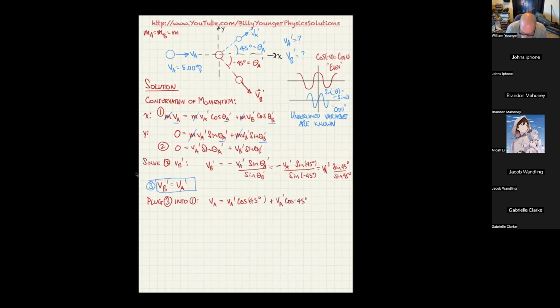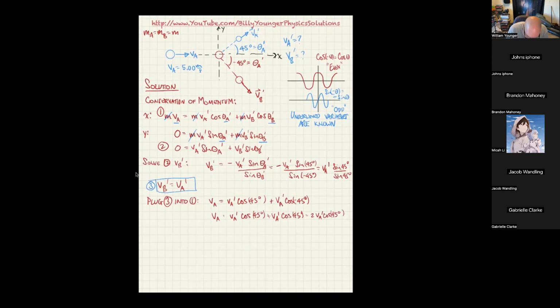And now you see why I actually took the time to do the cosine and the sine earlier, because this will become VA is equal to VA prime cosine 45 degrees plus VA prime cosine 45 degrees, which is equal to 2 VA prime cosine 45 degrees.